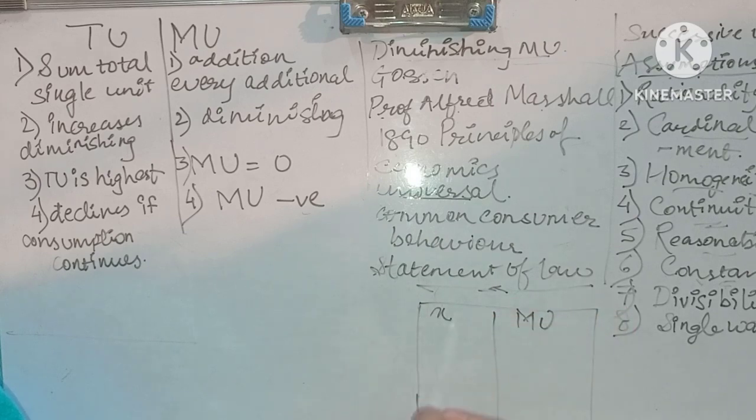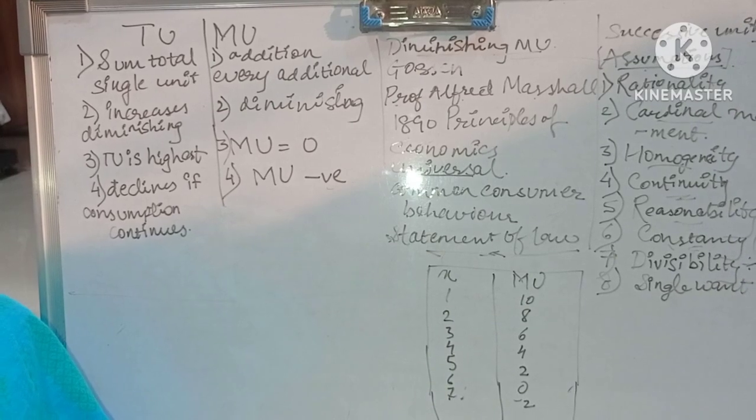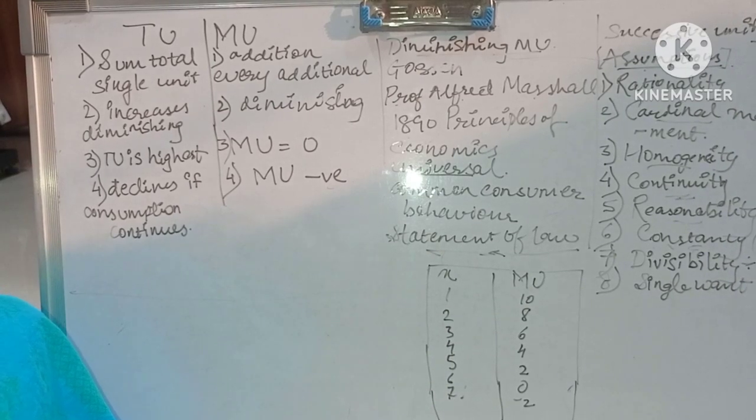Units are 1 to 7: 1, 2, 3, 4, 5, 6 and 7. And marginal utility, since it goes on diminishing with increasing units, is 10, 8, 6, 4, 2, 0 and -2. Exactly as you have the lines in your paper, you will write everything correctly one after the other. Hope you are able to see this.